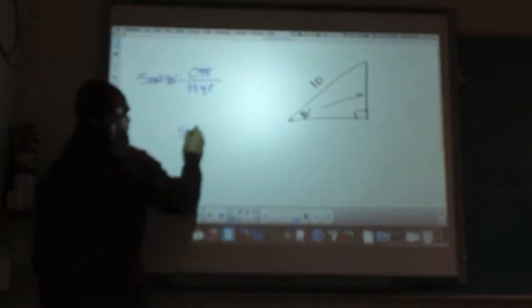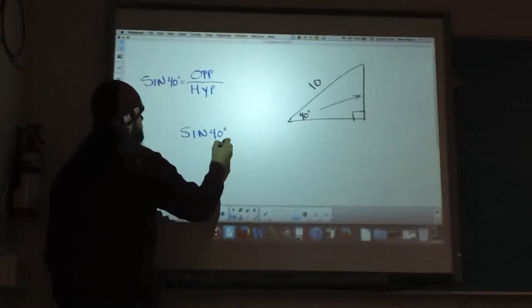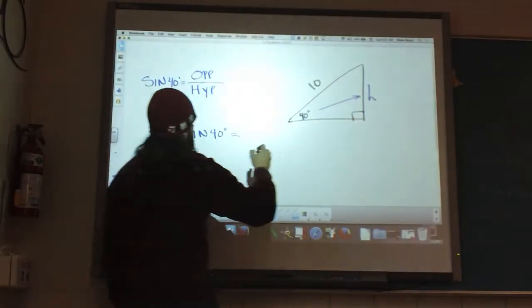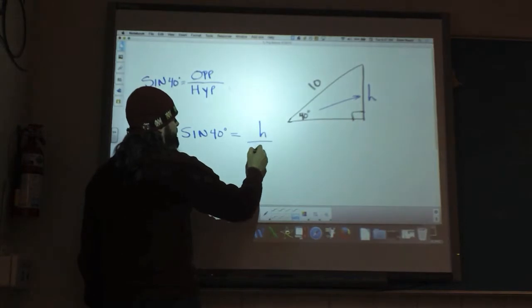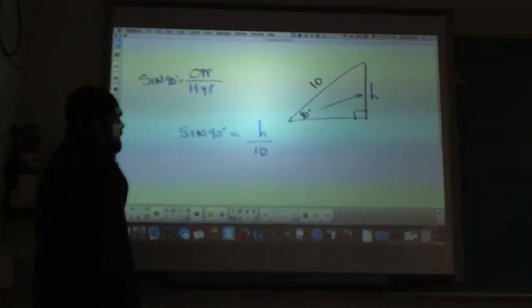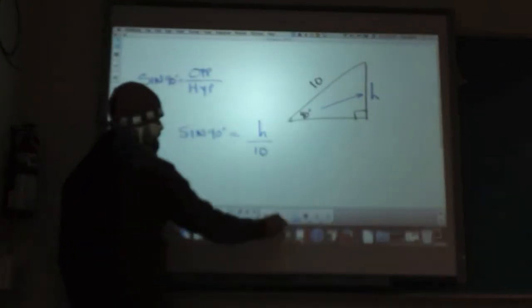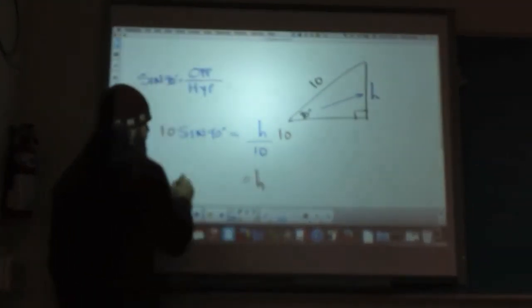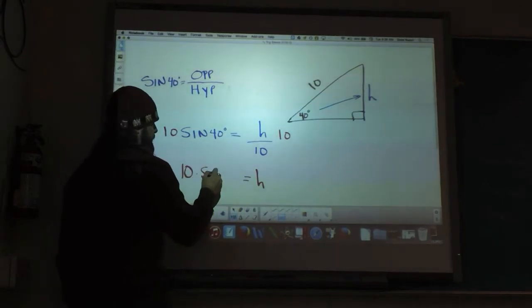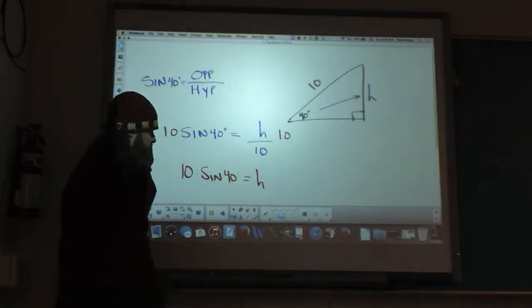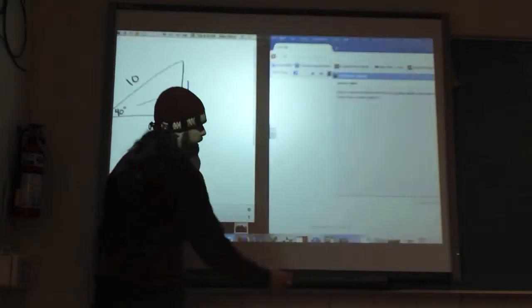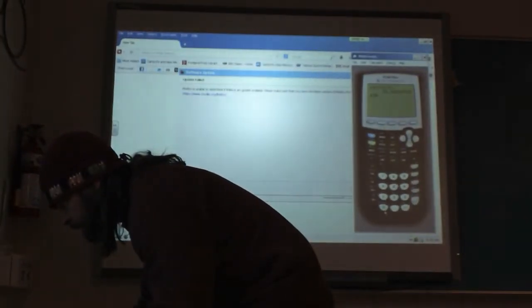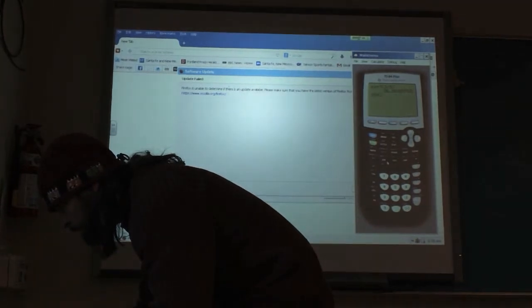So that means the sine of 40 degrees would equal, let's call this h for height, h over 10. Well, that means I could multiply both sides by 10, and the height would equal 10 times the sine of 40 degrees. And you can just put that in your nerdulator. I'm going to do that actually. So let's see here, 10 times the sine of 40.